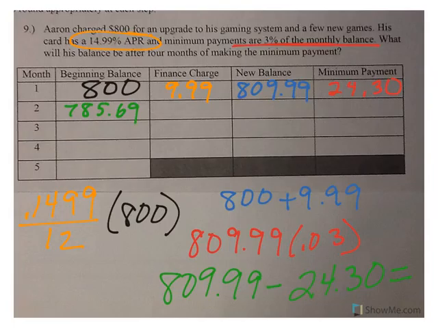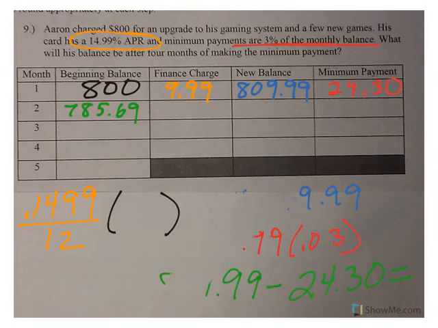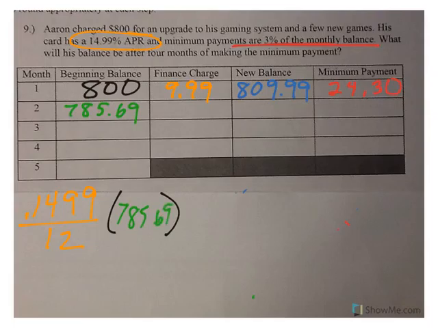So to find the finance charge, again, you take the 14.99%, but now you're not multiplying by 800, you're multiplying by the $785.69. It's always by the beginning balance. And so my new finance charge is $9.81. I add my beginning balance, my green number, and my orange number, to get my new balance of $795.50. And you see it's a little bit lower, right?